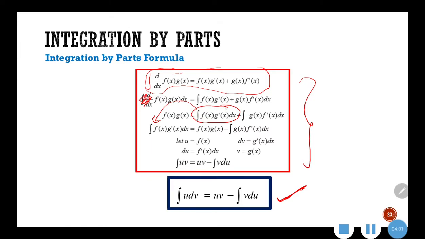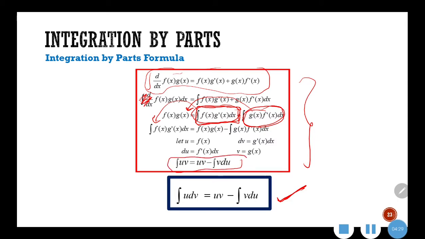Silap ni. This part, f(x)g prime(x) dx ni, kita remain kat sini, dia duduk sorang-sorang. g(x)f prime(x) ni pergi ke belah sini. So dia jadilah f(x)g(x) tolak the integral of g(x)f prime(x) dx. Dari sini kita keluarlah sebenarnya formula yang ni.